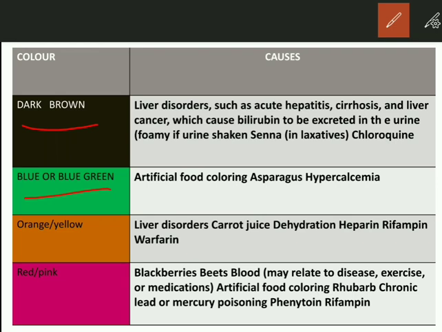The urine can be orange to yellow in color during liver disorder, ingestion of carrot juice, dehydration, or medication like heparin, rifampicin, and warfarin. The urine can even be red or pink in color due to ingestion of blackberries, beetroots, or other artificial food coloring. The urine can be red or pink even due to lead or mercury poisoning.